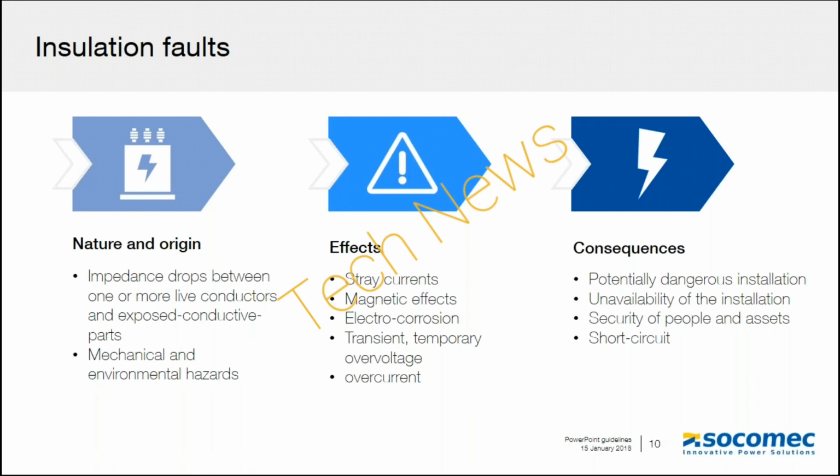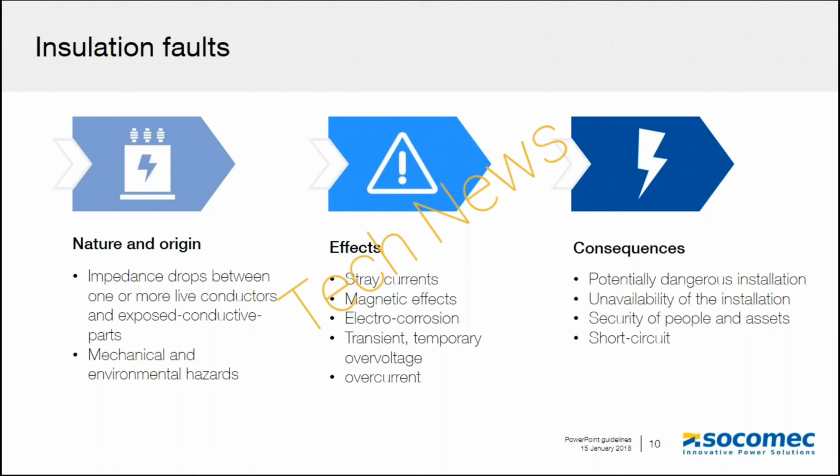So what are the effects of insulation faults? Stray currents, magnetic and electro corrosion effects, transient overvoltages and overcurrents, and all these can lead to malfunction, degradation, or danger when you come into contact with equipment.